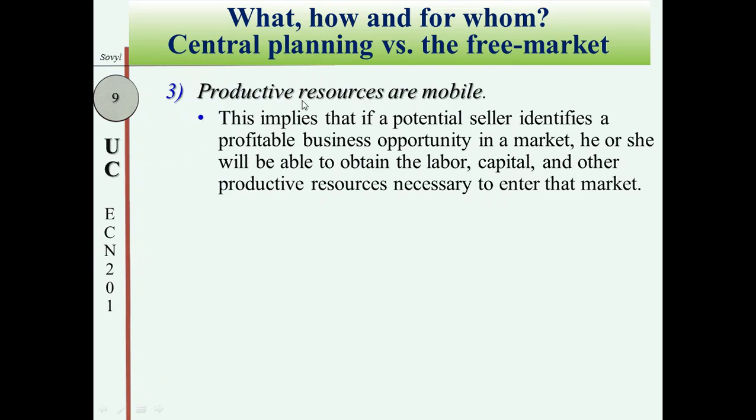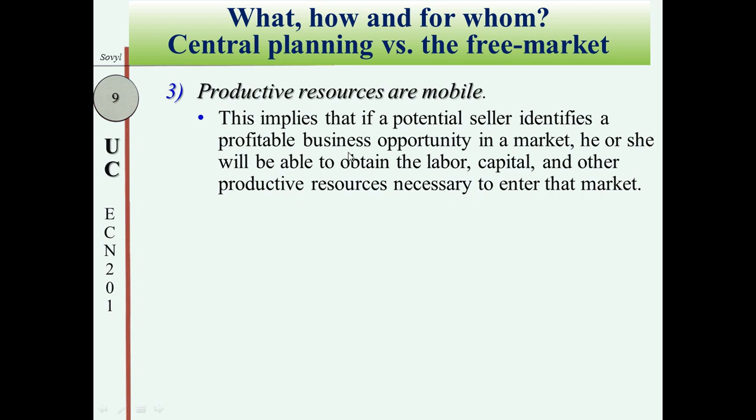Three: productive resources are mobile. What are productive resources? For example, labor, raw materials, capital, financial capital or physical capital, which can be changed from one production to another. This implies that if a potential seller identifies a profitable business opportunity in a market, he or she will be able to obtain the labor, capital and other productive resources necessary to enter that market.